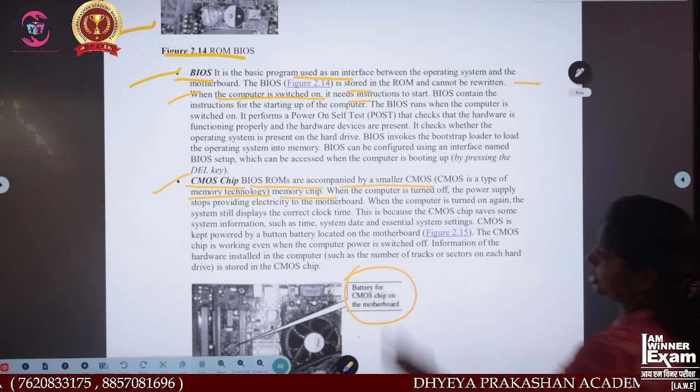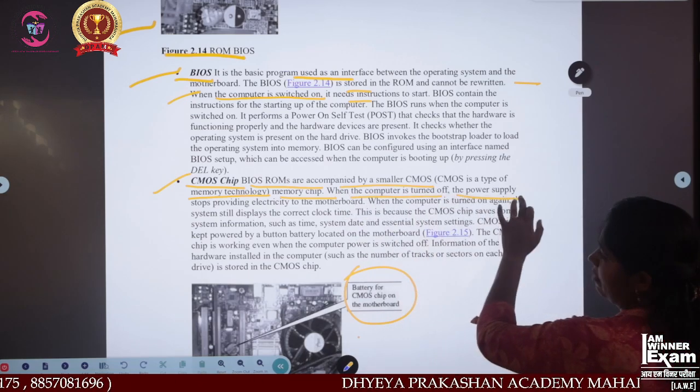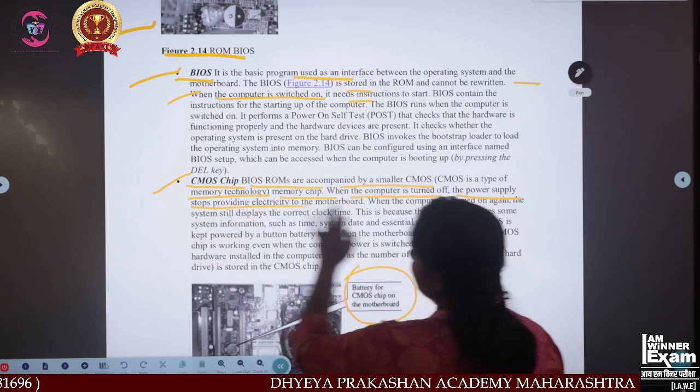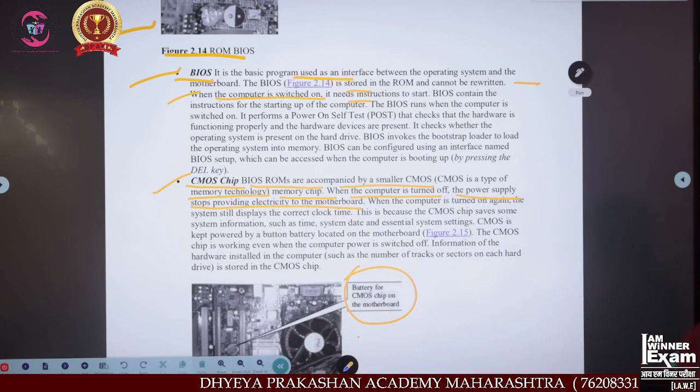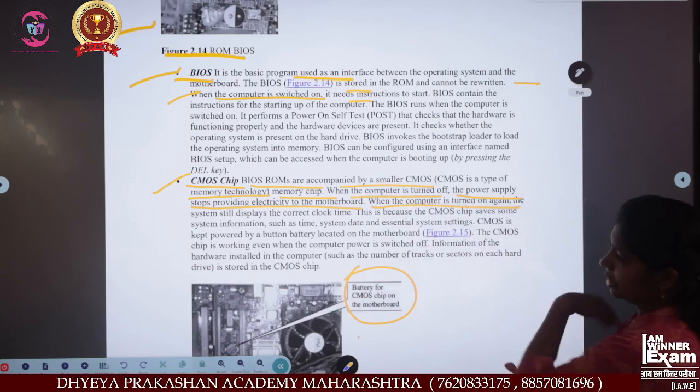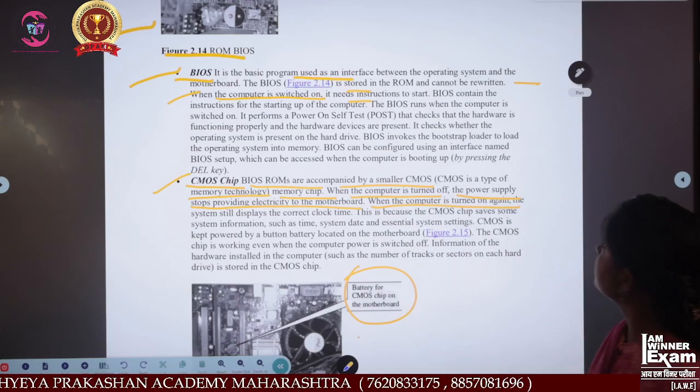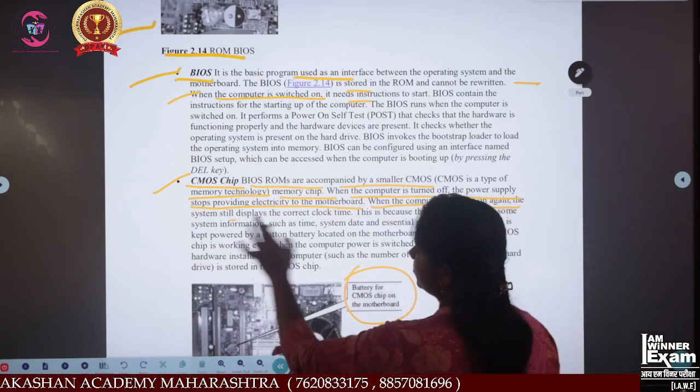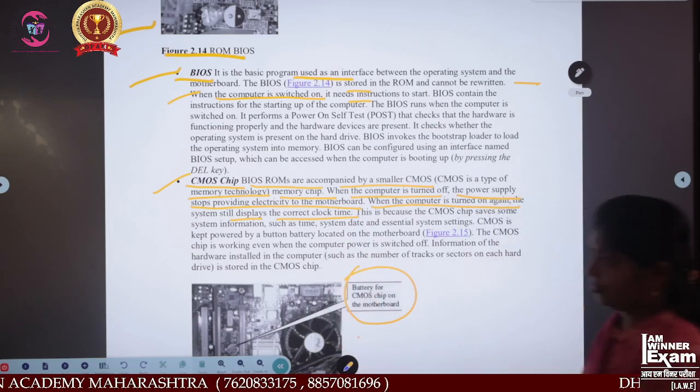When the computer is turned off, the power supply stops providing electricity to the motherboard. And when the computer is turned on again, the system displays the correct clock time.